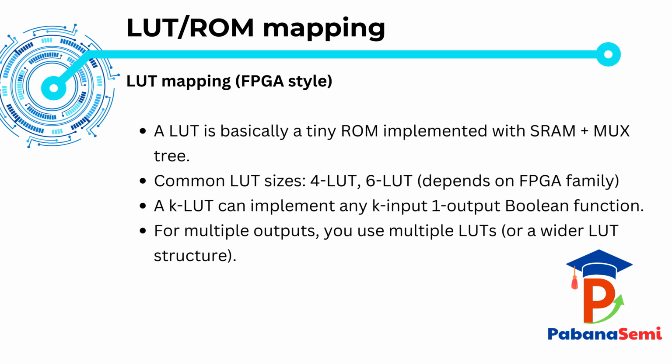If your design has multiple outputs, you either use multiple LUTs or, in some architectures, a wider LUT structure that supports multiple outputs. So in summary, an FPGA doesn't build logic from fixed gates. It programs LUTs which behave like configurable truth tables. That's what gives FPGAs their flexibility and reconfigurability.